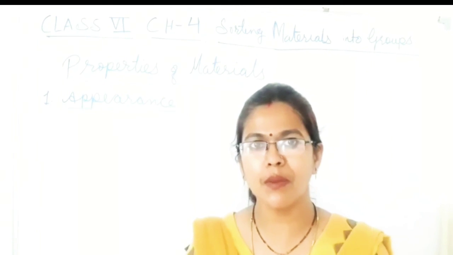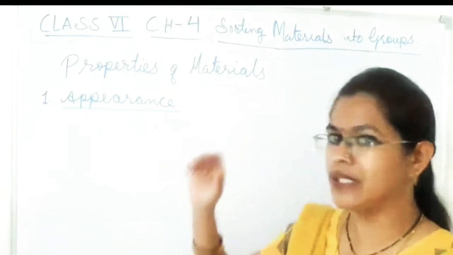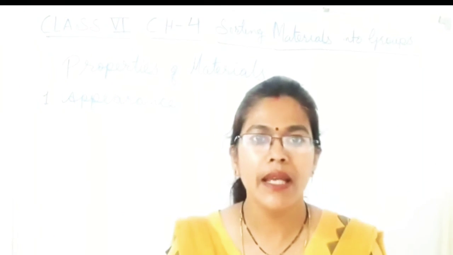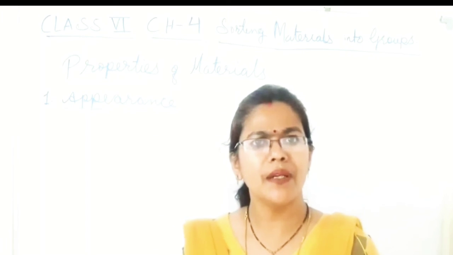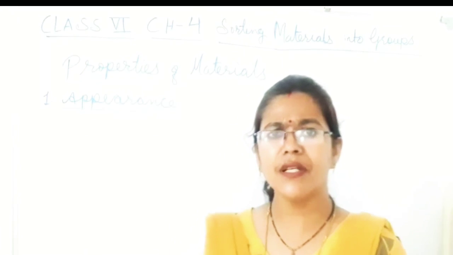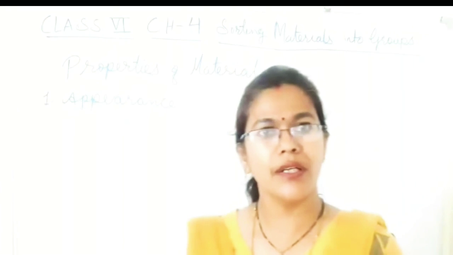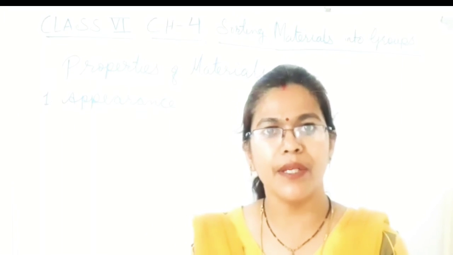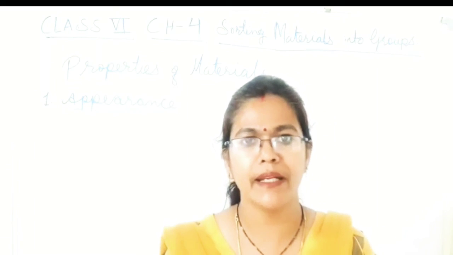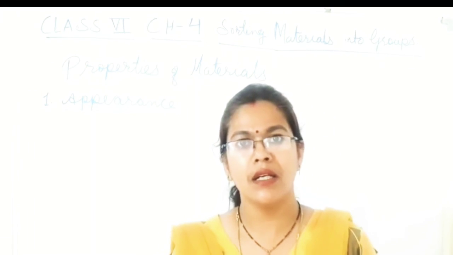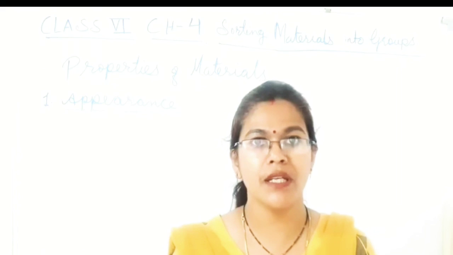So the first property we will see here is appearance. In appearance, different materials look in a different way. Their appearances are different, like the examples of metal, plastic, clay things or pottery material.